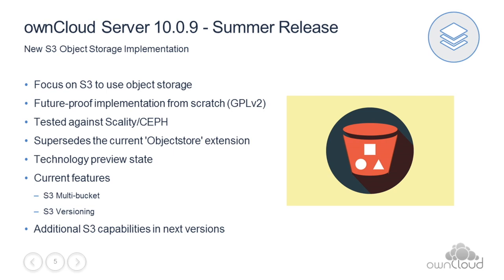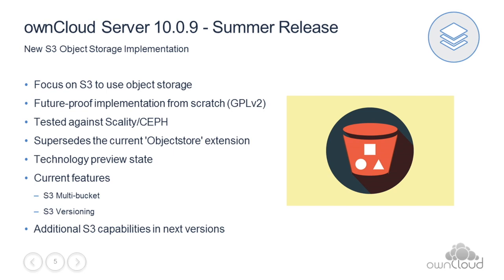For this, we invested a lot and developed a new future-proof implementation from scratch, which will drastically increase performance and reliability, as well as the protocol-related capabilities compared to our former implementation.